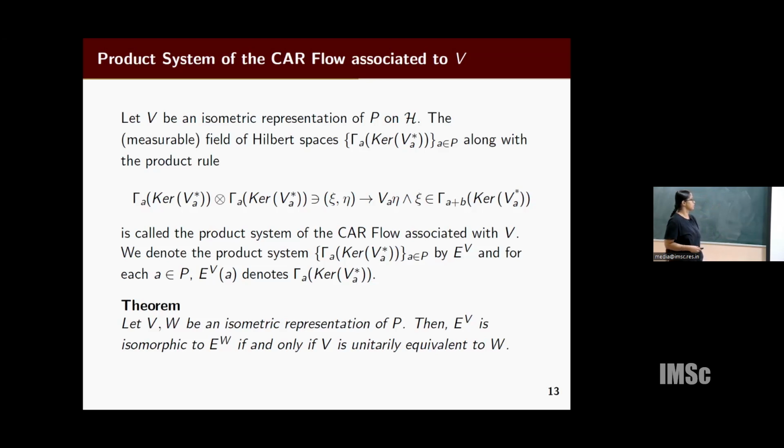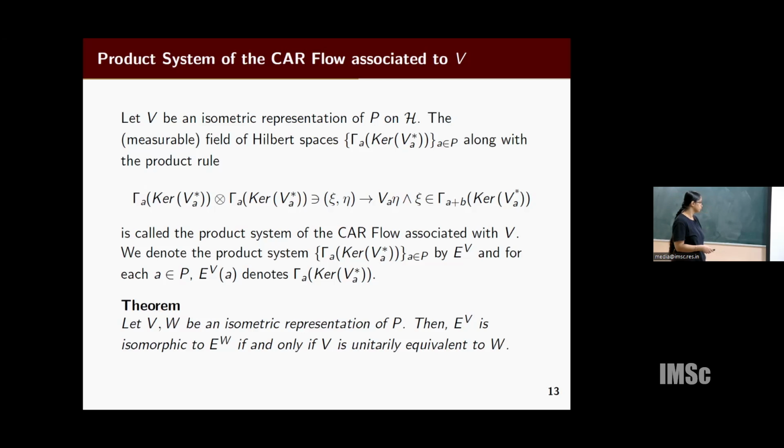This is the antisymmetric Fock space associated to kernel V_a star along with the product rule. So you take xi in Gamma_A of kernel V_a star and eta in Gamma_A of kernel V_b star. Then you get V_a eta wedge xi in Gamma_A of kernel V_{a+b} star. So this is called the product system of the CAR flow associated with V.